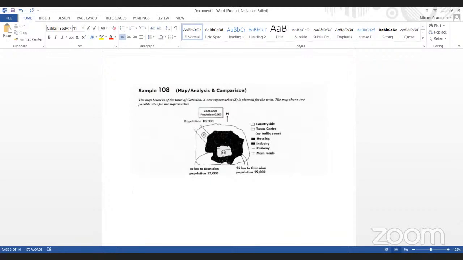So we need to talk about the major changes after paraphrasing this map question. What you need to give is to talk about the major changes which are available in the map.